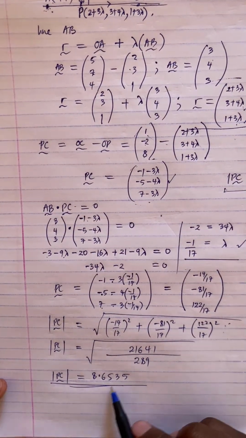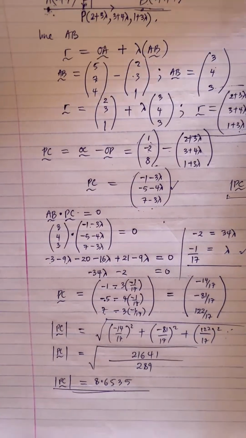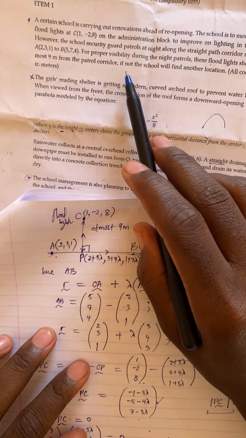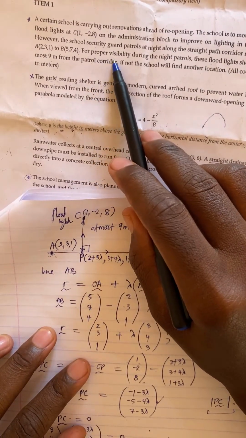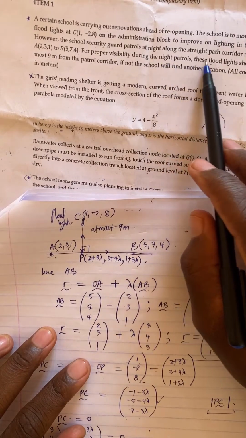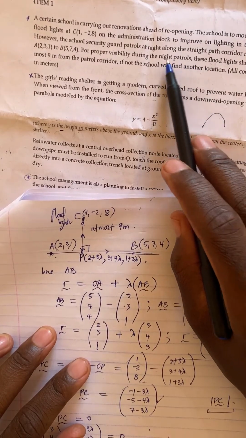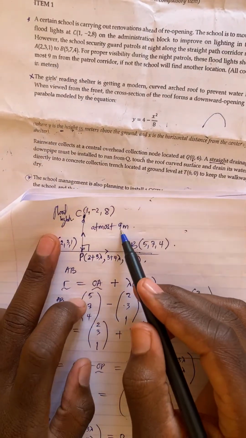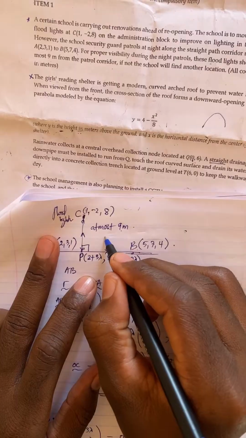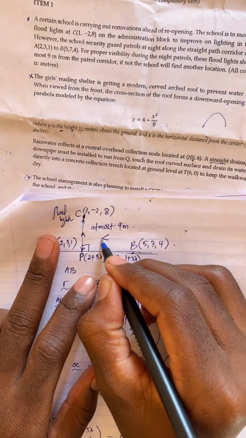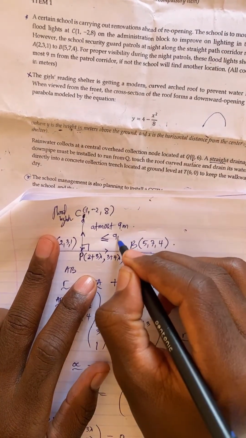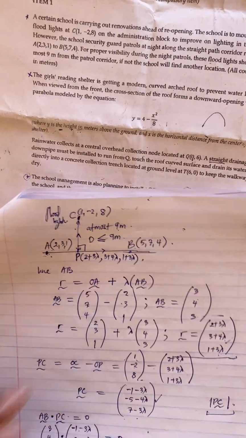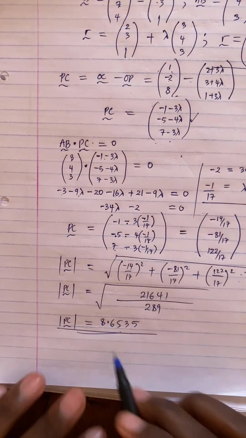And so after getting this as my distance, I will go back to the question and relate. The question is saying that for proper visibility during the night patrol, these floodlights should be at most 9 meters, so at most, which means less than or equal to 9 meters. So this distance should be less than or equal to 9 meters. And we have gotten that distance as this.